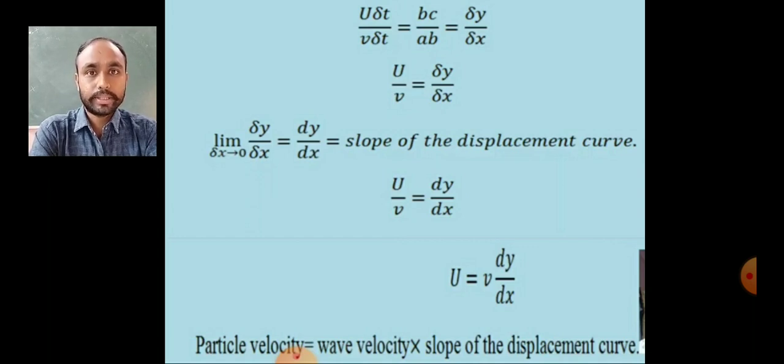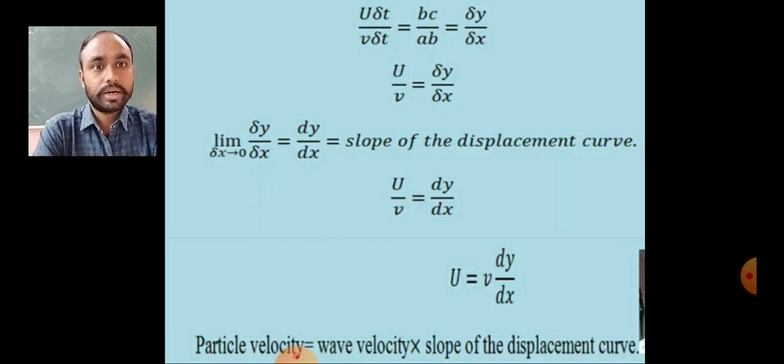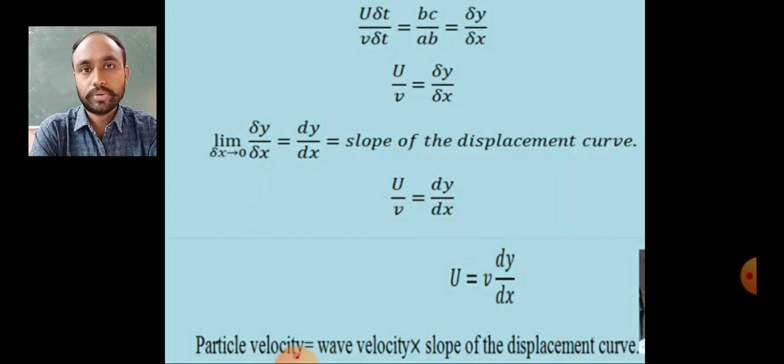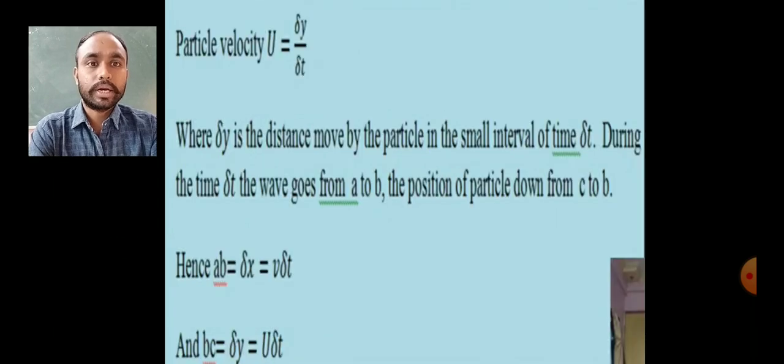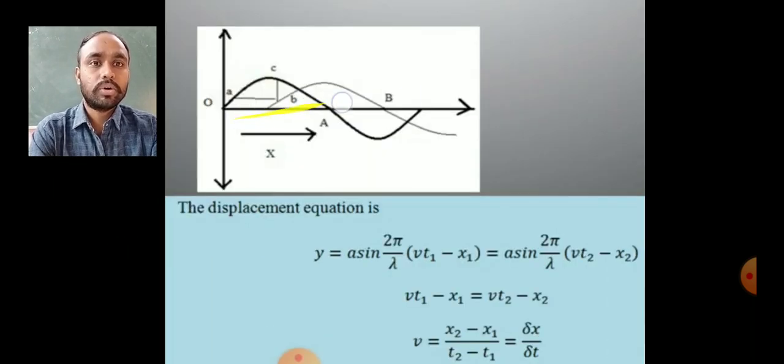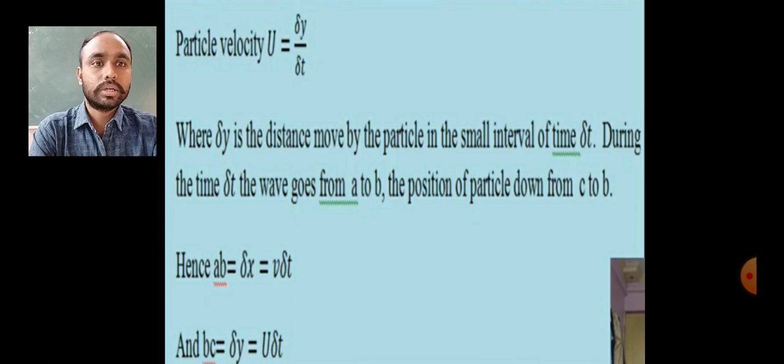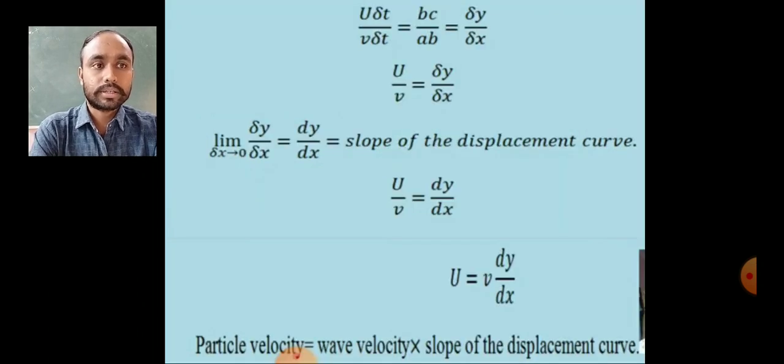This is a mathematical term, which mathematics students might know. As limit delta x tends to 0, delta y by delta x becomes dy by dx, and that is the slope of the displacement curve, because whatever we have shown in all these diagrams are displacement curves. So its slope means dy by dx.